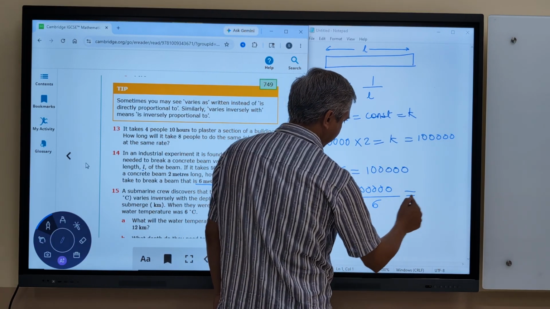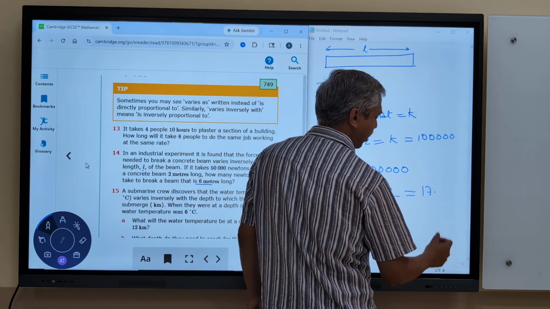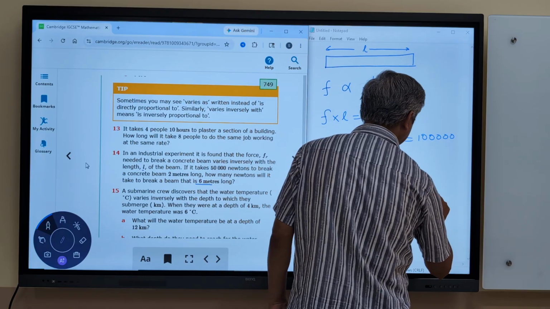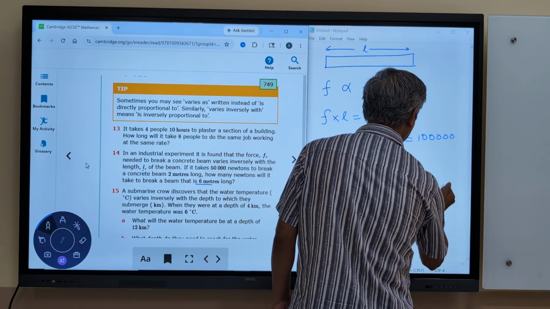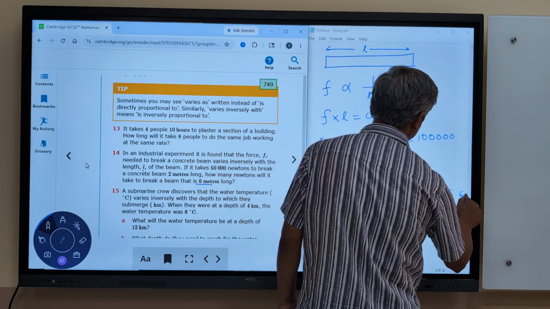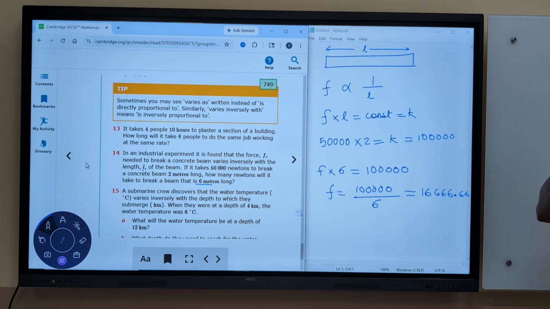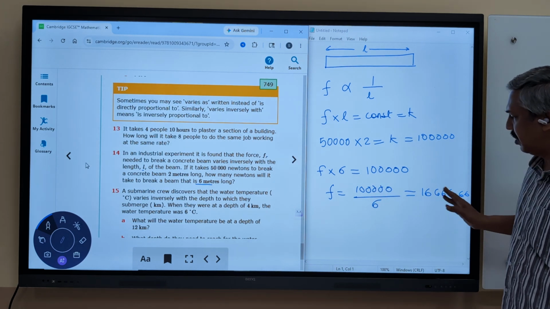Which is equal to 16,666.66 recurring. This is the answer. 100,000 upon 6, you can get the answer.